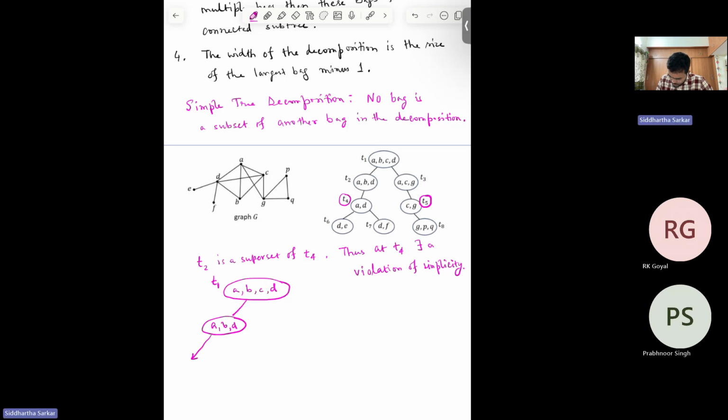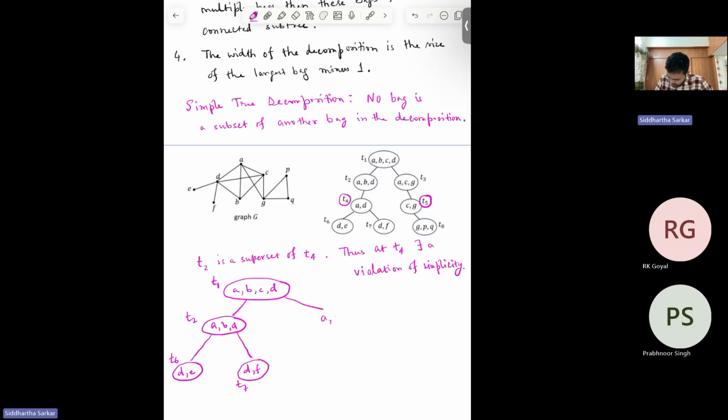The node A comma D is dropped because there is a violation at that node. It need not have any direction; it's simply a tree. So this is T2, T4 is no more there, there is T6, there is T7, and the rest of the things are as they are.